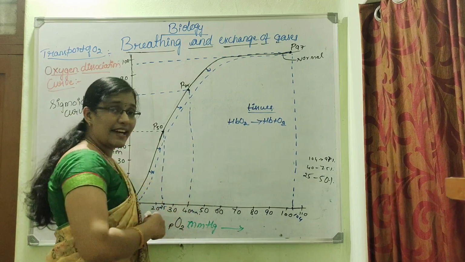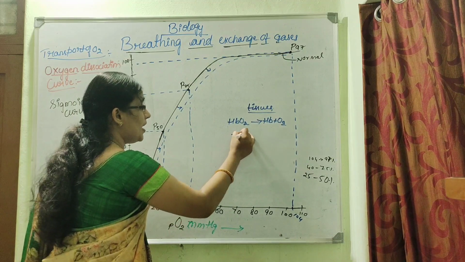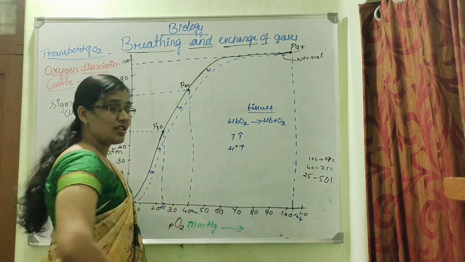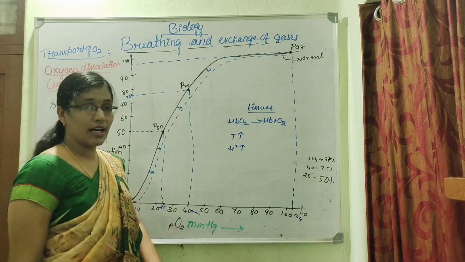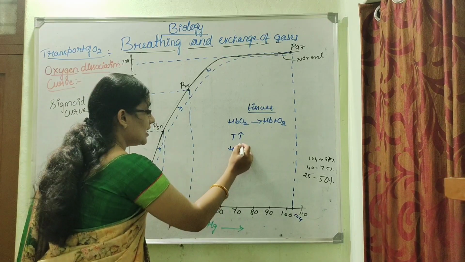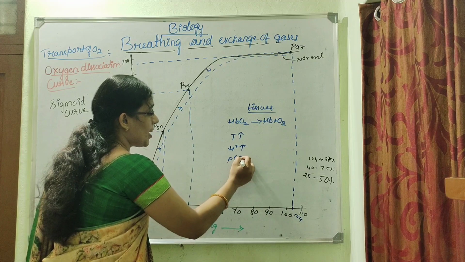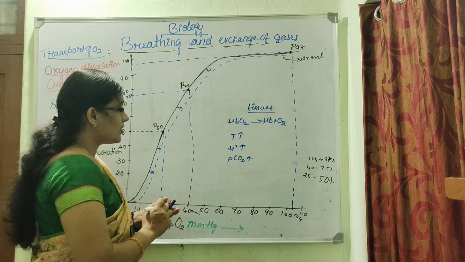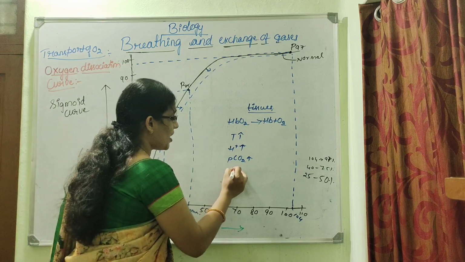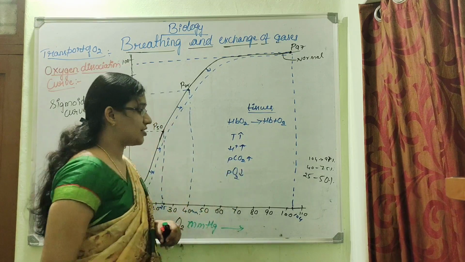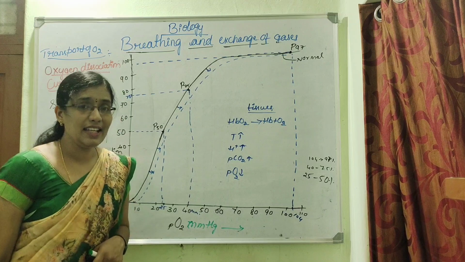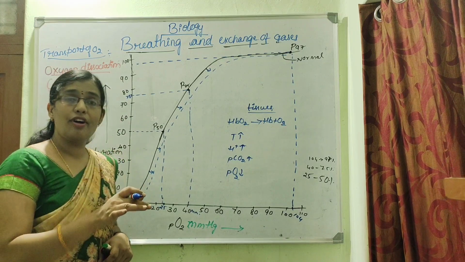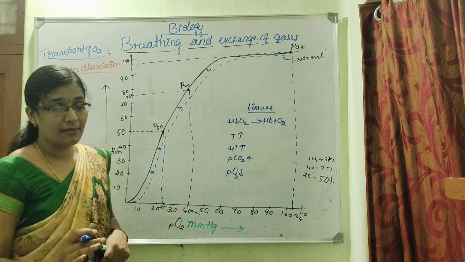Why does the oxyhemoglobin dissociate inside the tissues? Because inside the tissues the temperature will be high, the proton production will be high, as I told you earlier, and the partial pressure of carbon dioxide is also high, whereas the partial pressure of oxygen inside the tissues is very low. So when it is very low, the binding of oxygen to hemoglobin will not take place.